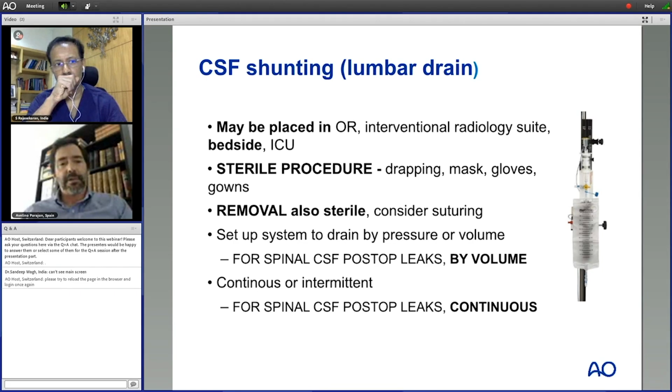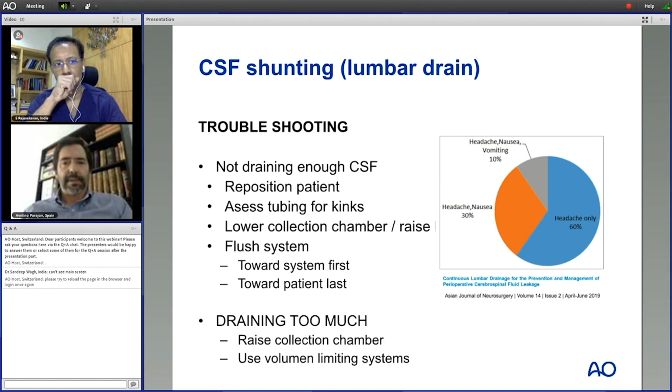And of course, continuous draining is better here. So the lumbar drain should be set up in order to drain as much volume as the patient tolerates, as I said. Usually most patients have a slight headache that is not a big problem and can be treated with first-step painkillers. And if the headache is severe, the collection chamber of the drain must be lifted to avoid overdraining.